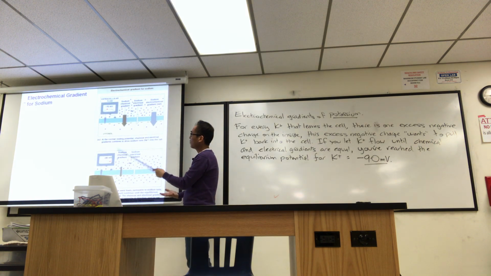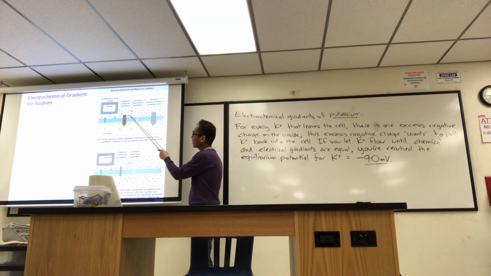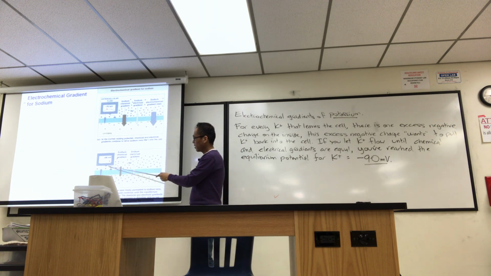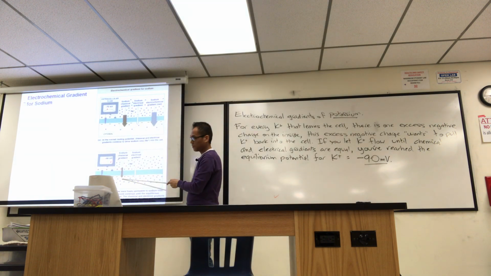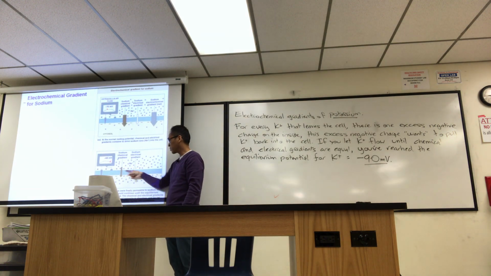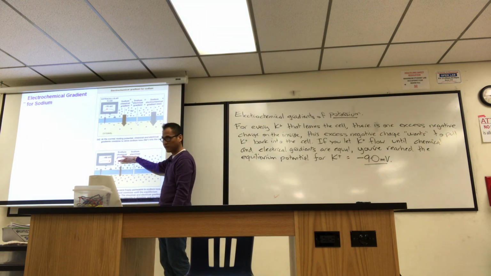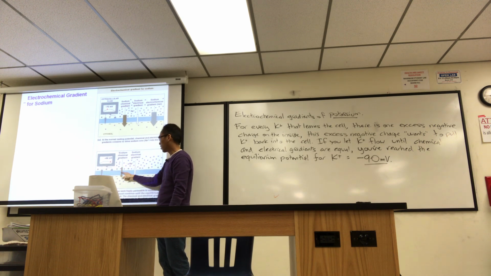If you just keep allowing sodium to flow in, eventually, well, let's just cut to the chase. If sodium keeps going in, so that the inside is so positive, it won't want to go in anymore. That's where these two forces are equal. It's so positive on the inside of the cell, which means there's so much negativity on the outside. Sodium can't diffuse in anymore, so these forces are equal.